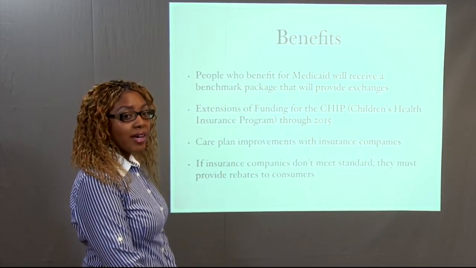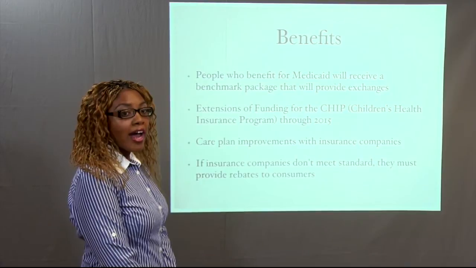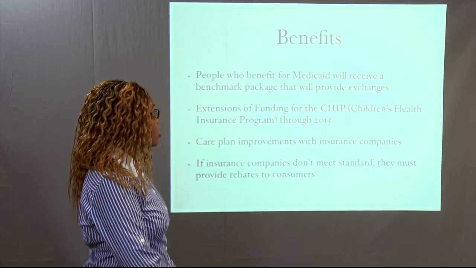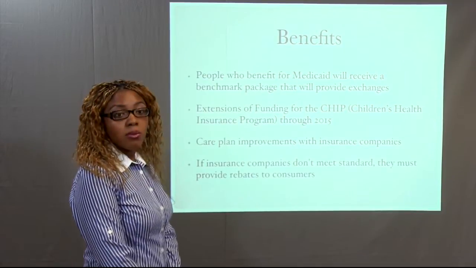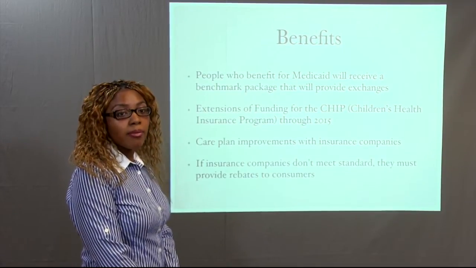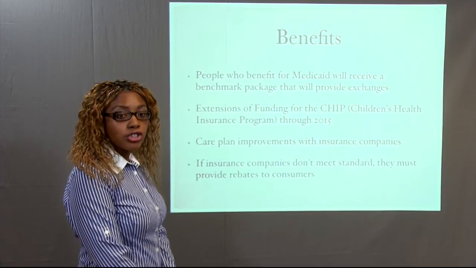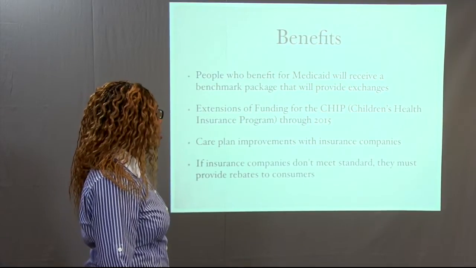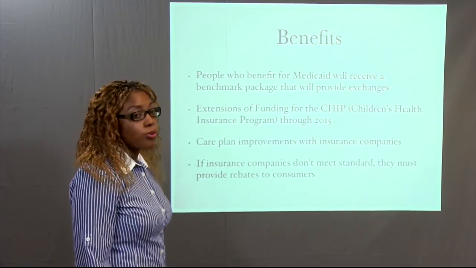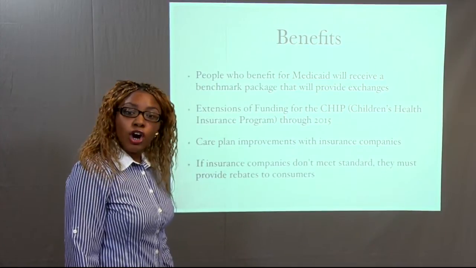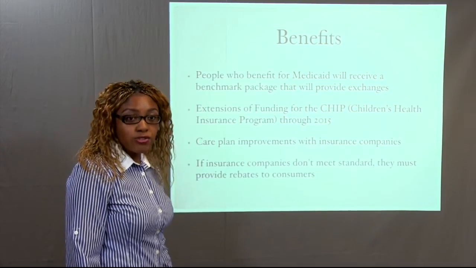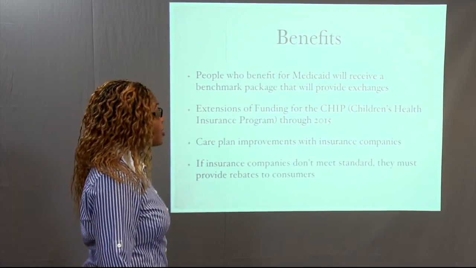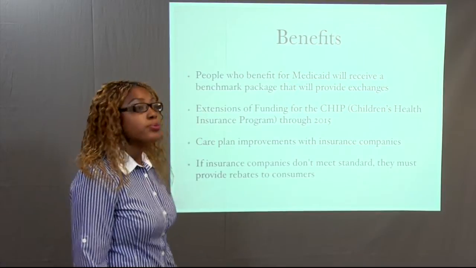Benefits. People who benefit from Medicaid will receive a benchmark package that will provide exchanges. This will also provide extensions of funding for CHIP, which is a government-run program just like Medicare and Medicaid, but this program is unique in a way where children are not dropped until the age of 26, meaning that children can be on their parents' insurance plans until they are 26 years of age.